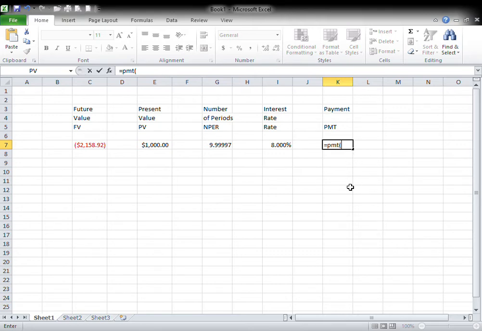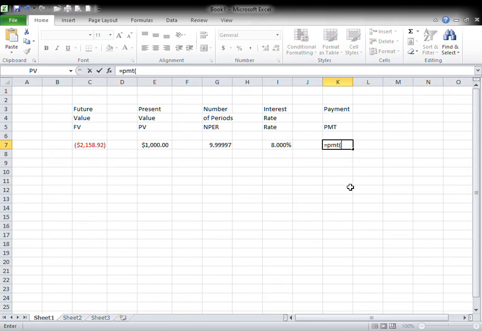Now, for this example, let's say you're going to borrow $1,000. You're going to borrow it for 8 years, and you're going to borrow it at 10% interest rate. Okay, so we're going to calculate the payment that will be necessary.